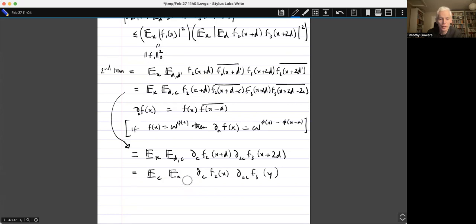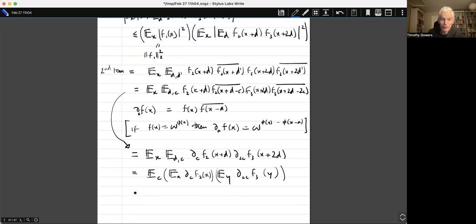And perhaps I can rewrite that by taking the e of y and moving it over: partial c f2 of x, e of y, partial 2c f3 of y bar, and I'll put them in brackets just to make it absolutely clear what's happening.